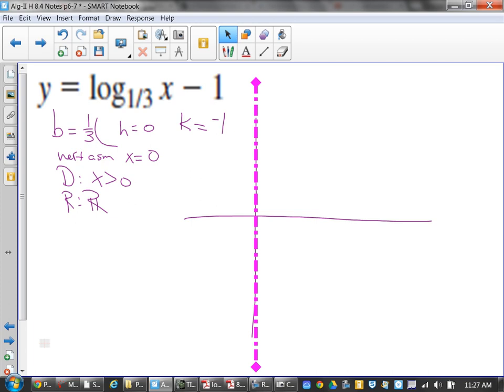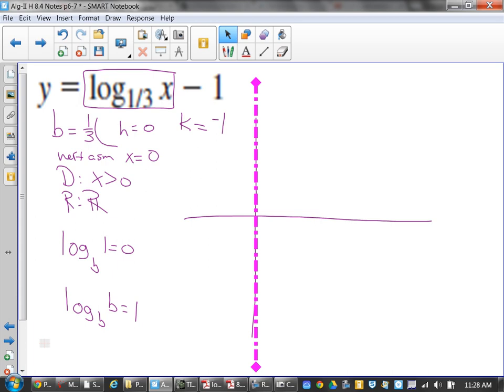We have two properties in logs: log base b of 1 is 0, and log base b of b is 1, which means I am going to pick values of x that will give me 0 and 1 when I substitute in.